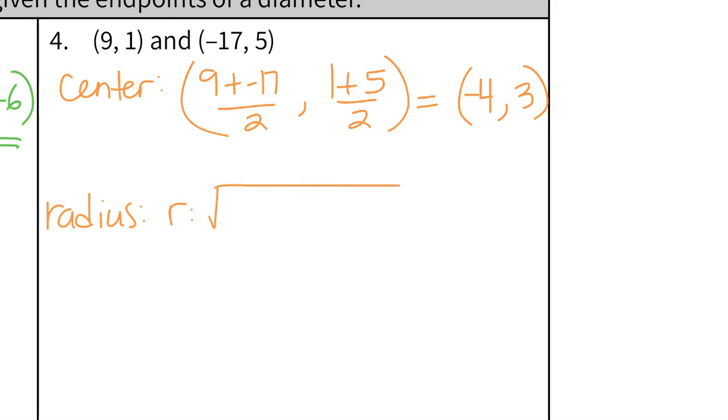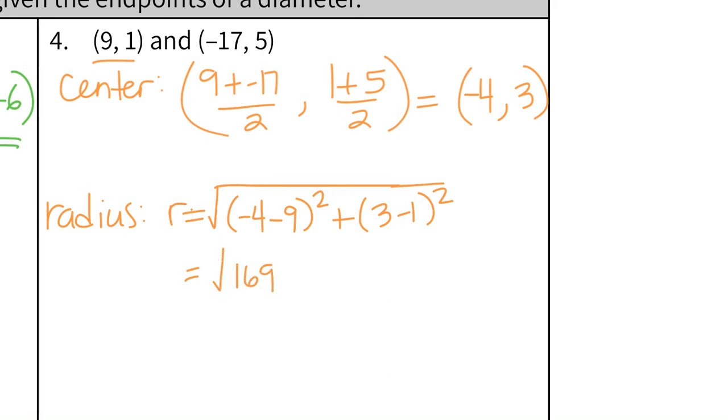So I'm going to use the first point, that (9, 1). (-4 minus 9) squared plus (3 minus 1) squared. Now simplifying this, this would be 169 plus 4, which will simplify to the square root of 173.